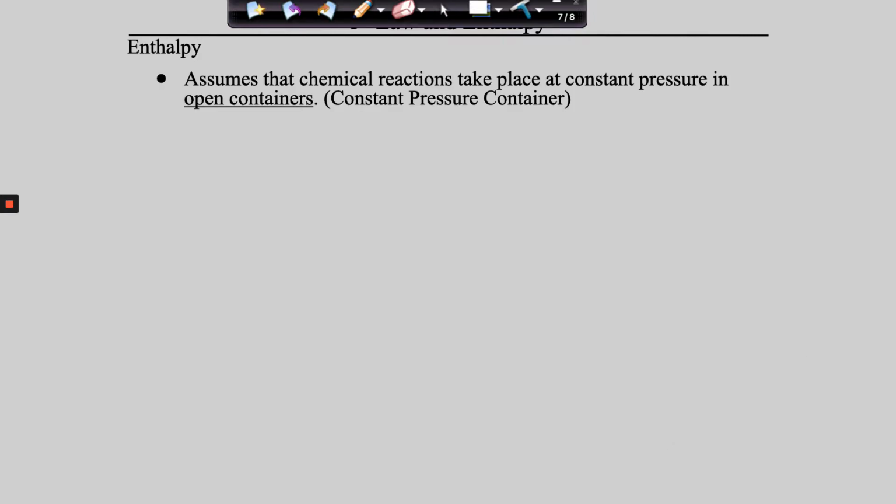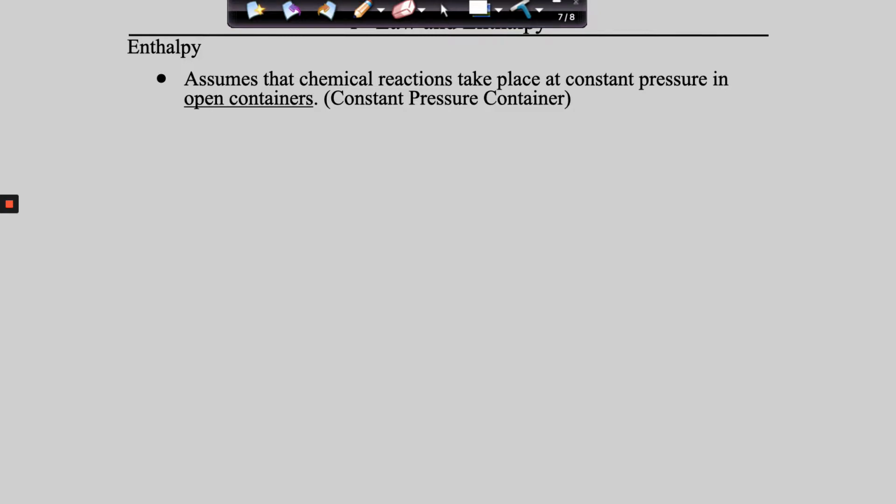So guys, setting the stage, it goes like this. These are things you want to write down. When we talk about enthalpy, enthalpy requires that we assume that our chemical reactions take place in what we call open containers.